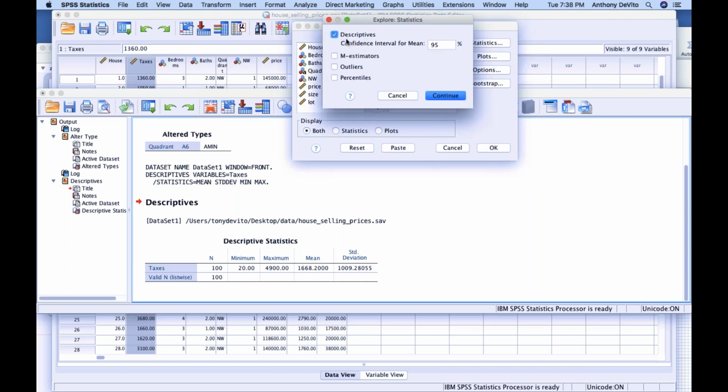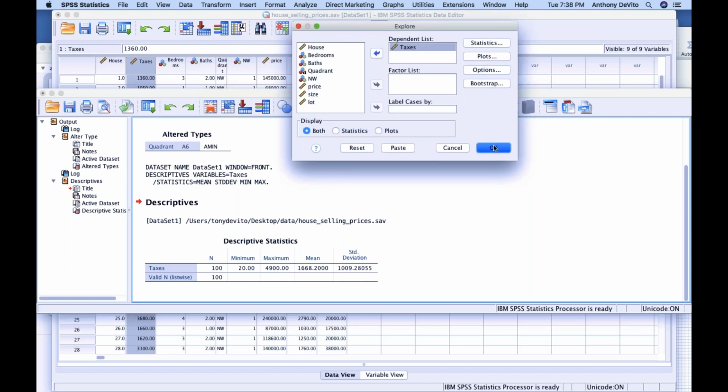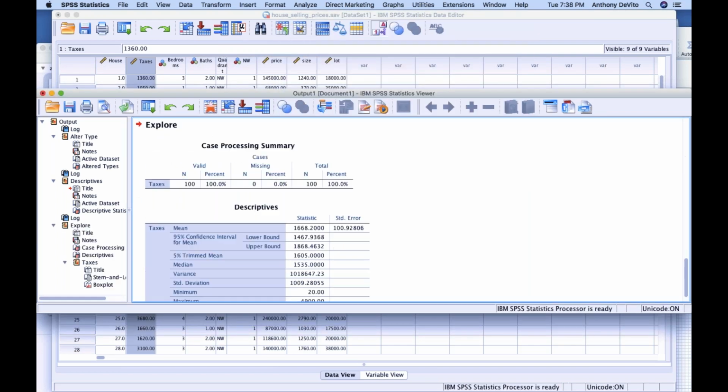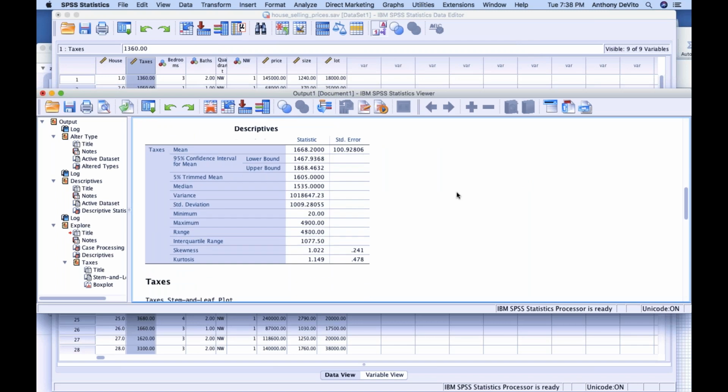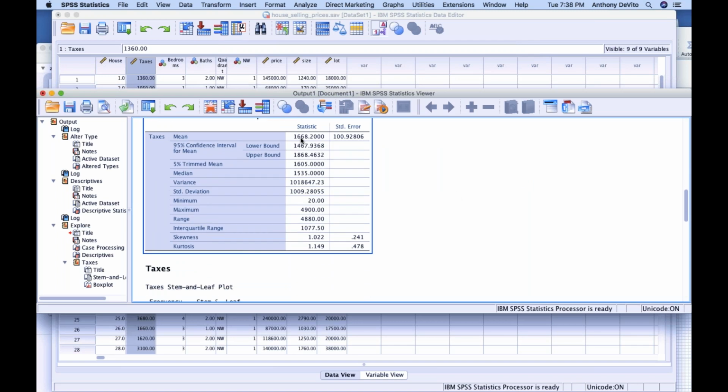It's going to calculate, among other things, the descriptive statistics, and I can tell it what confidence interval I want to use. So I'm going to say 95%. I'm going to click continue. I'm going to say OK. And sure enough, it tells me that the average, just like before, was 1668, and my 95% confidence interval for the true population average taxes is 1462 to 1868. It actually does the calculation for you.